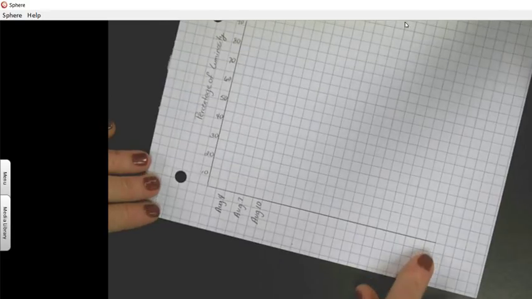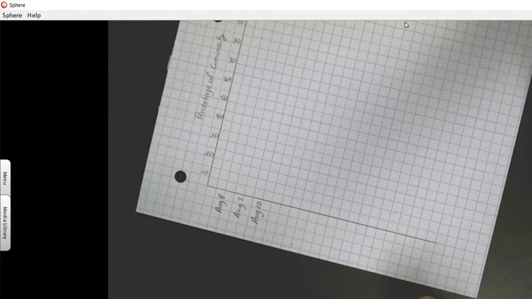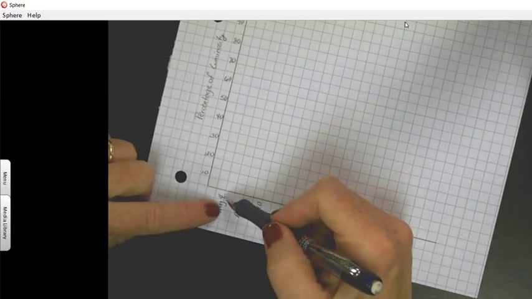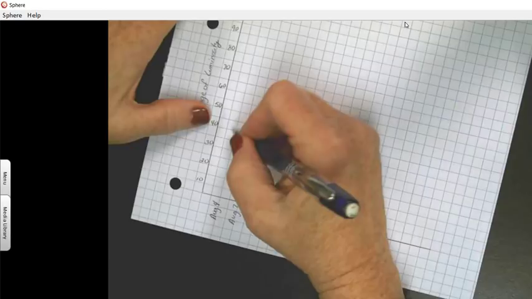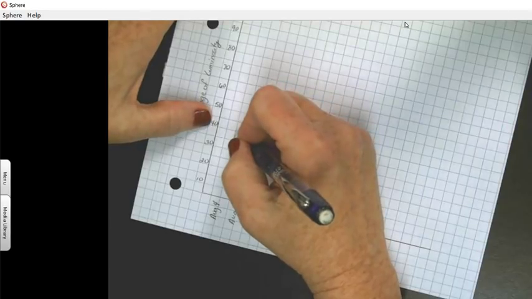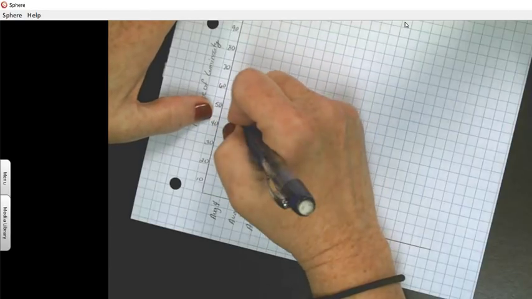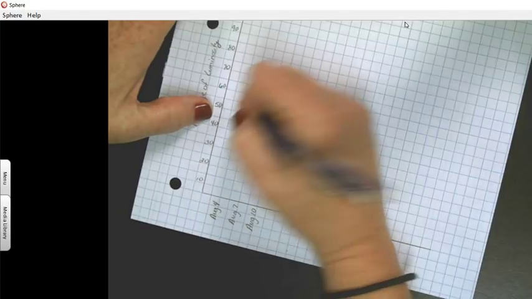All right, so I'm going to show you how to set up for a line graph first so that you know. And we said that August 4th had 46.6%. So I'm going to use the line that I wrote on, and I'm going to go up to 40. Here's 40. This would be 45, so 46 is going to be just right about there.